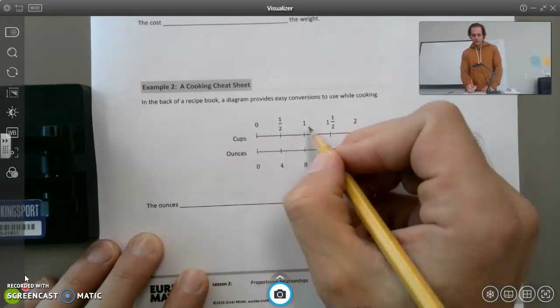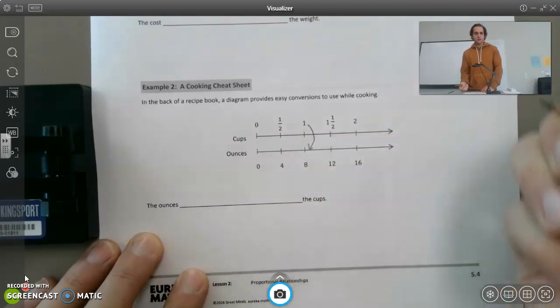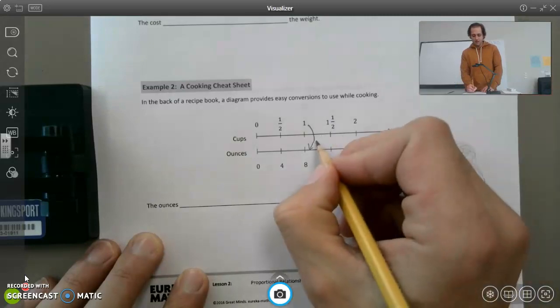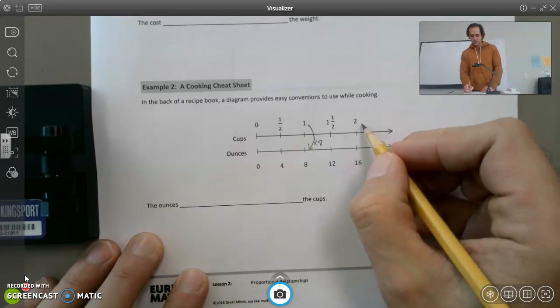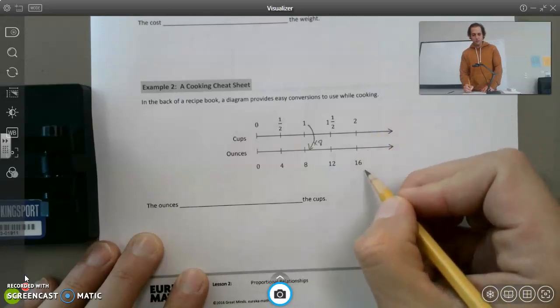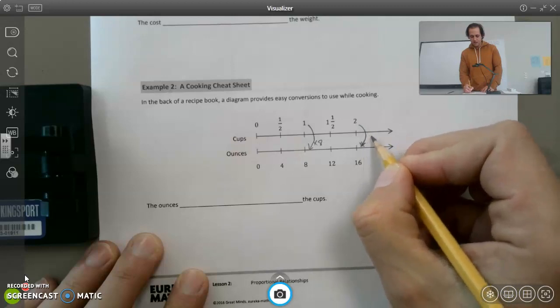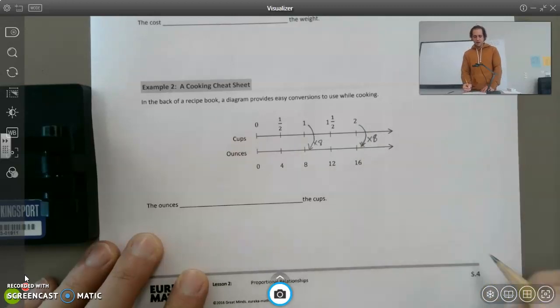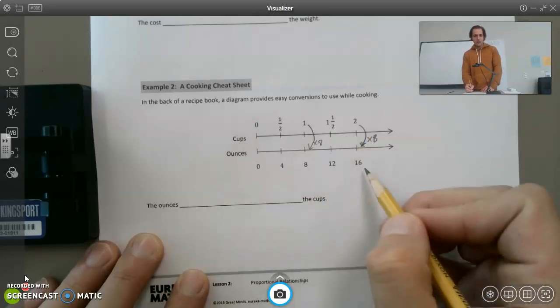Like, what do I have to do to go from 1 cup to 8 ounces? What is the relationship there? That's times 8. If I look over here at 2, what is the relationship between 2 and 16? That's times 8. So I can see that I'm multiplying my cups times 8 to get ounces.